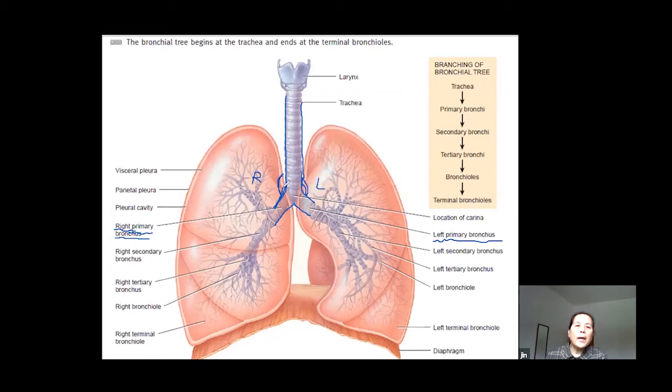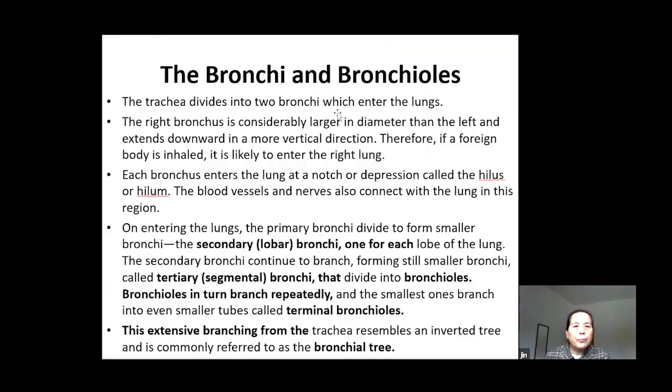So if something falls down the trachea, it easily goes to the right side because of the angle there. So that's about the trachea.